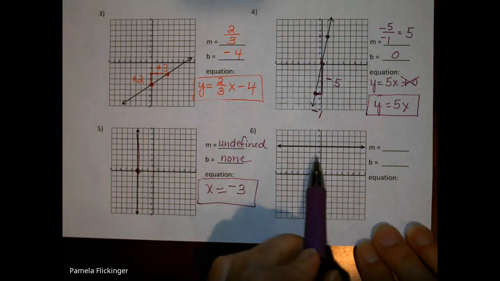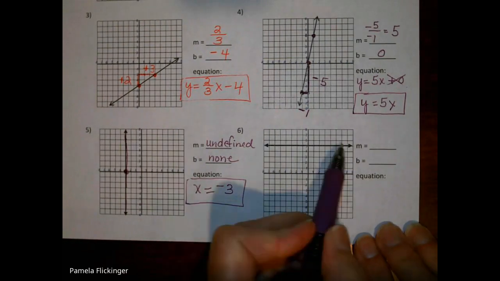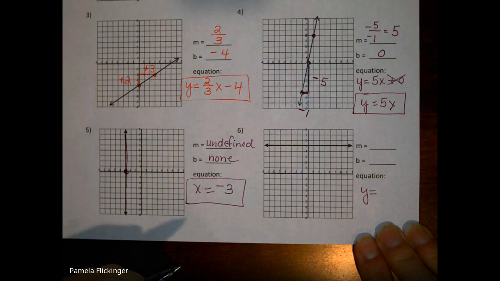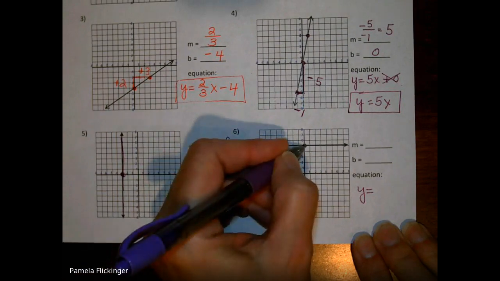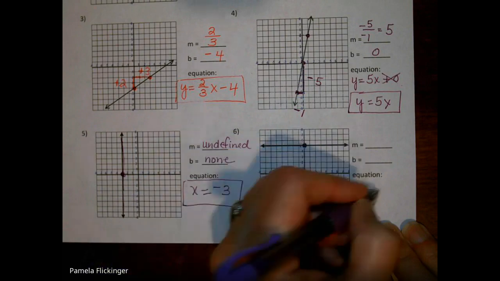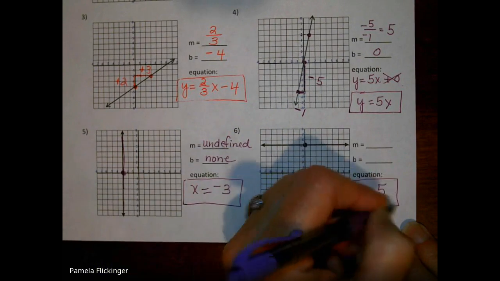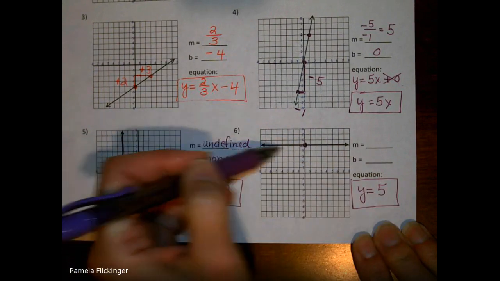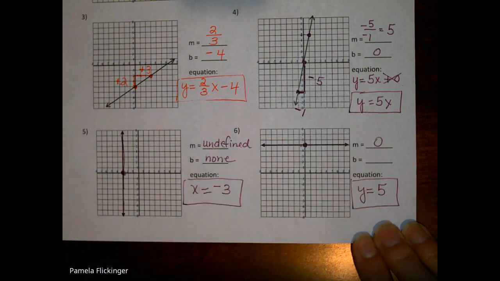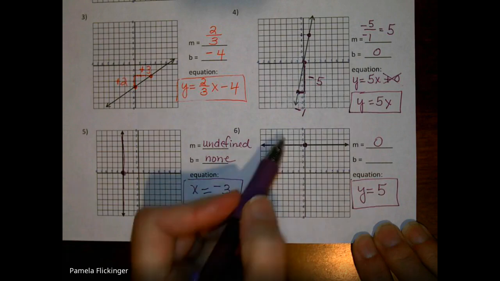Our horizontal lines go through the y-axis, so this is going to be a y equals equation. Find your y-intercept, and that's up there at +5. So it's going to be y equals 5. What's the slope of a horizontal line? 0. What's the y-intercept?